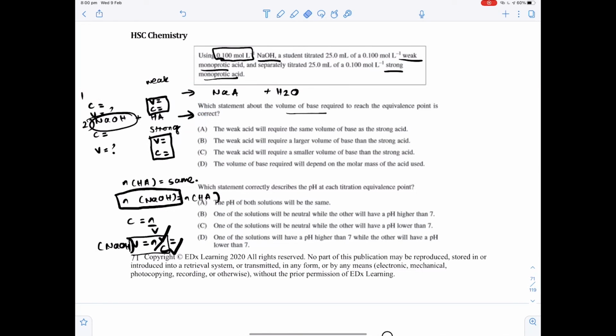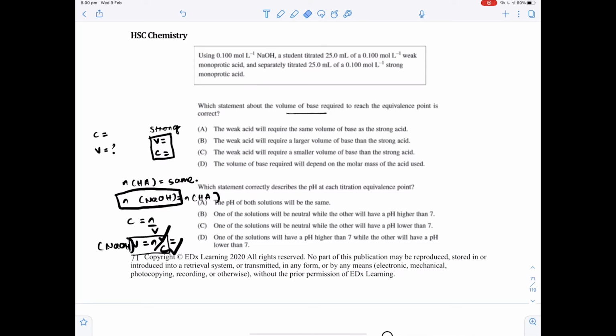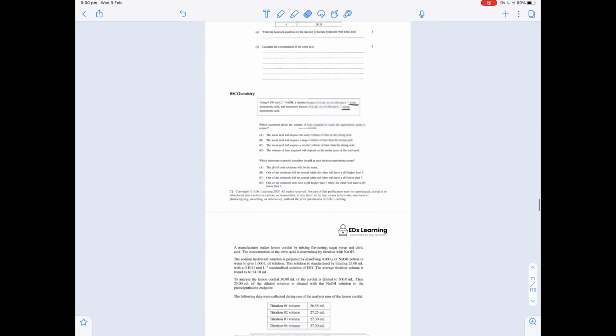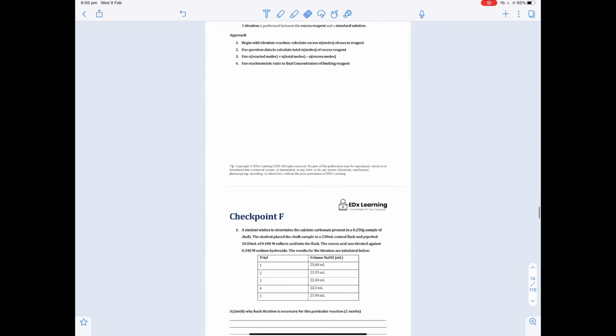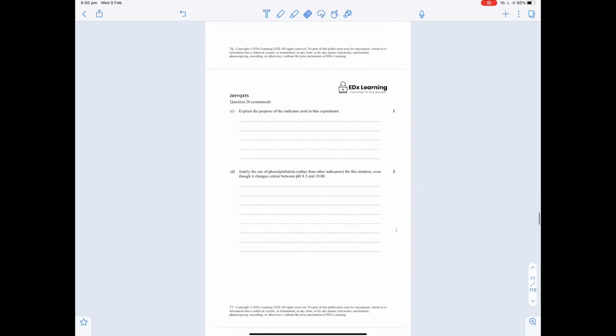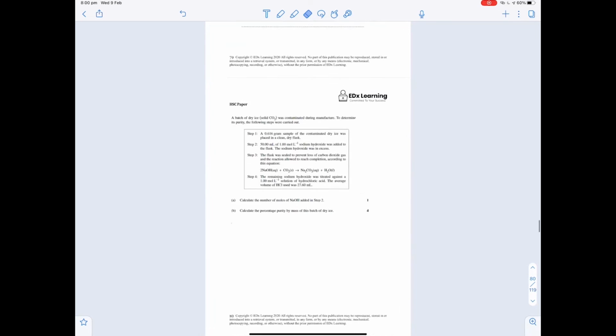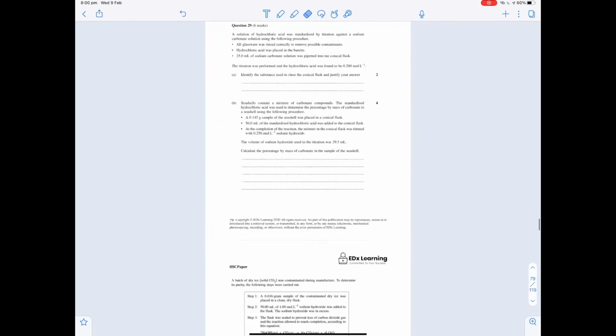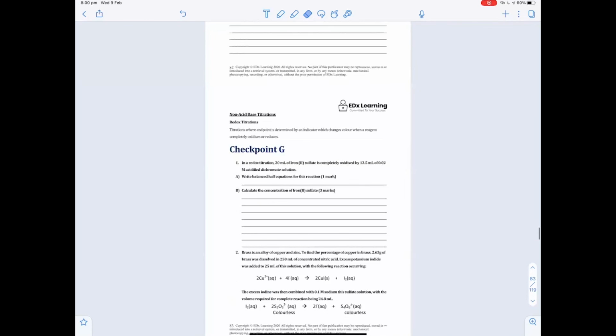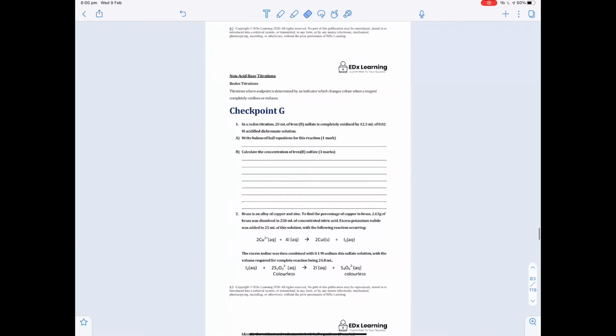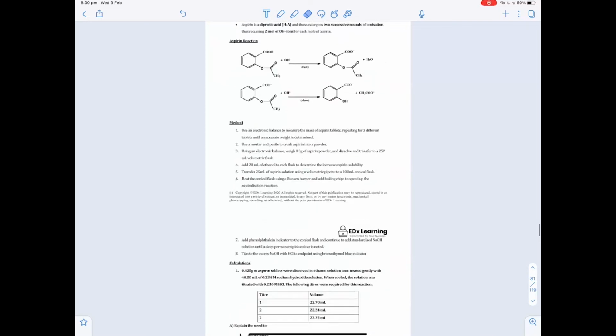Second question. Let's quickly do this. And this is so important. By next lesson, you definitely should do all of these trial questions here. Every single one. Even checkpoint F if you can. I would go as far as saying do as many as you can, up until checkpoint G, if you can.